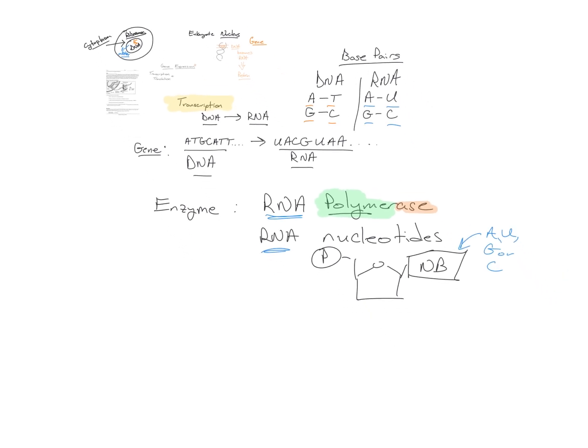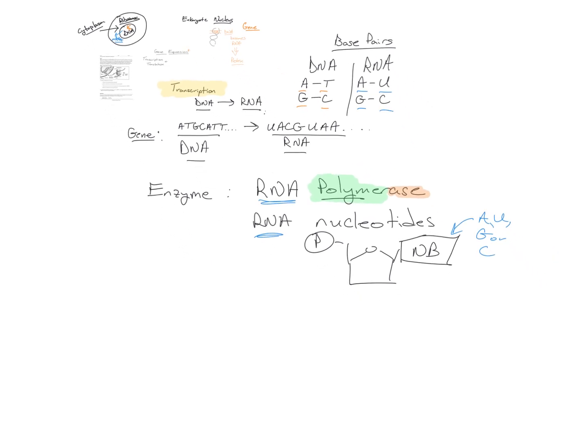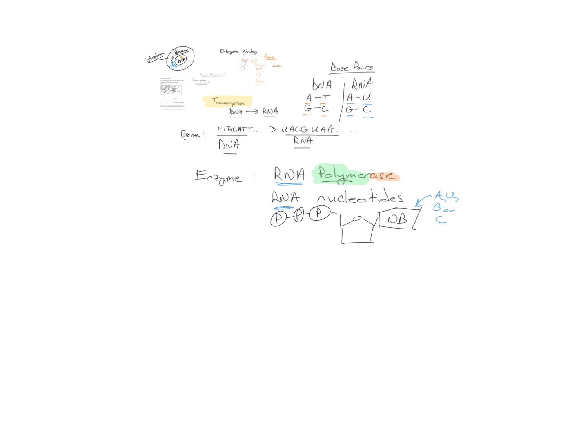That's a nucleotide. So you're going to put a bunch of these together. It's actually going to be a triphosphate, a whatever nucleotide triphosphate, so that you have the energy to put them together. The polymerase does this, puts them all in order.